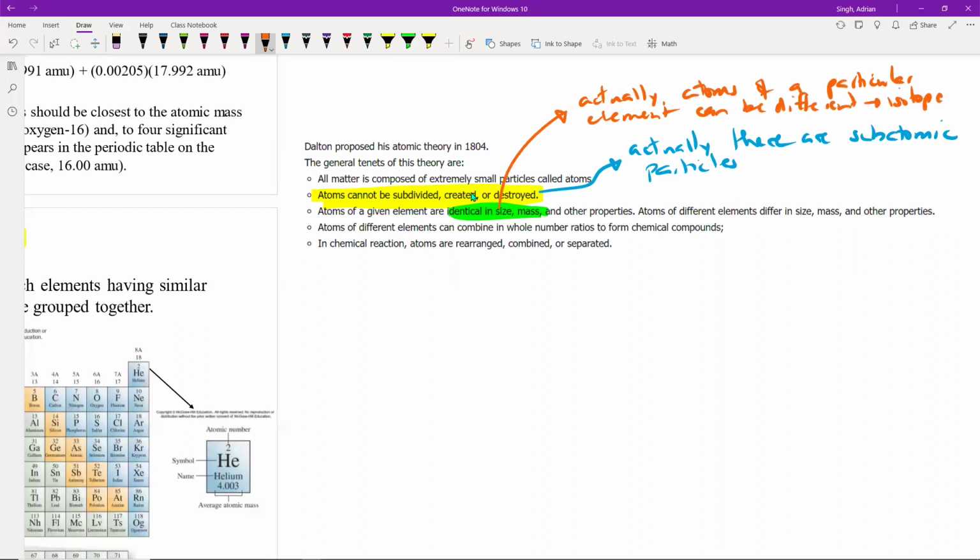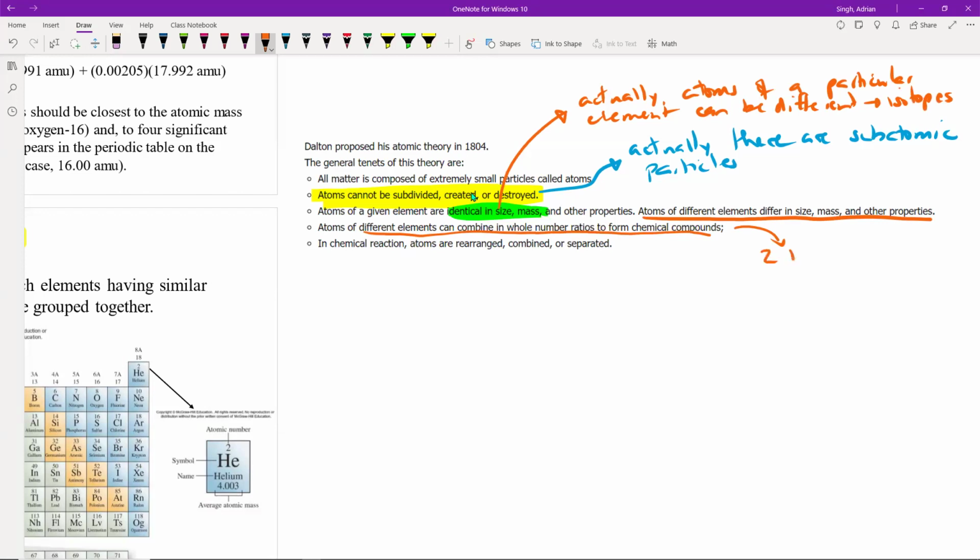Specifically isotopes of the same element, but they have different numbers of neutrons. He also said that atoms of different elements differ in size, mass, and other properties, and that's going to be critical for when we look at all the elements in the periodic table. He also said that atoms of different elements can combine in whole number ratios to form chemical compounds.